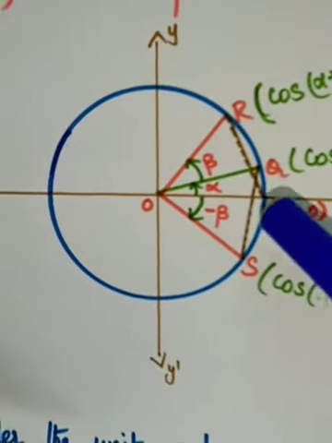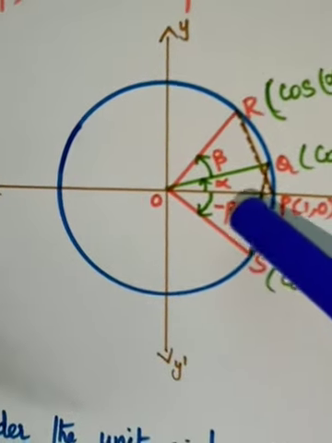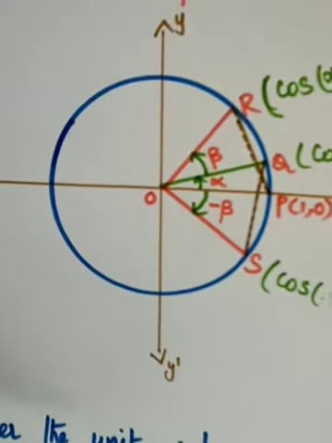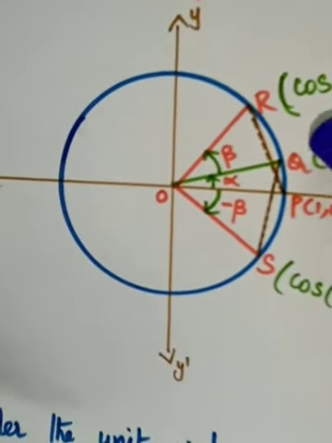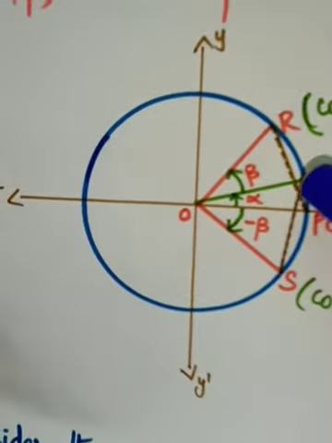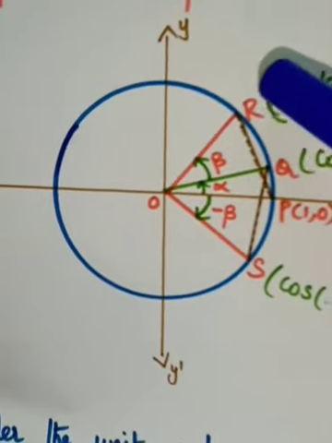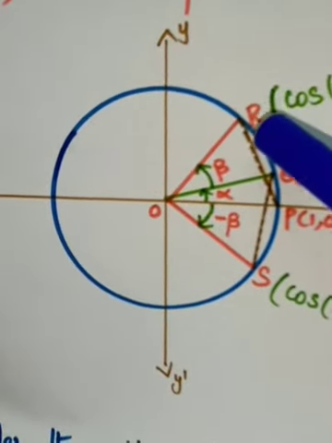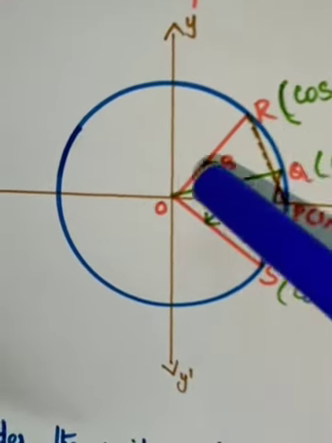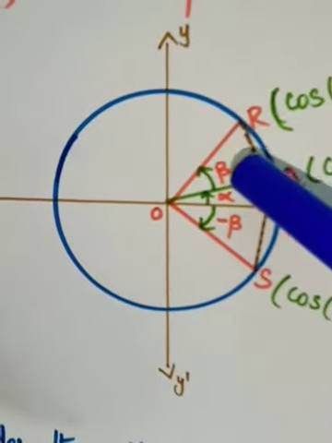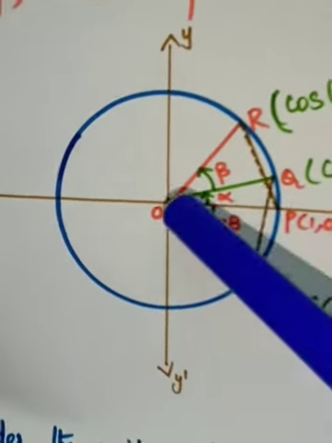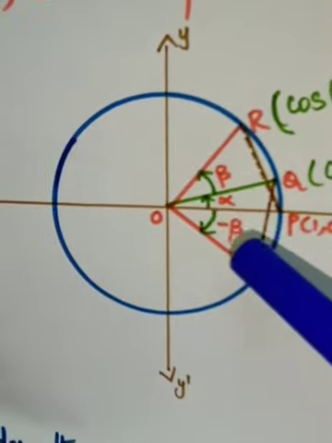In the same way, POS is minus beta. So we consider the point Q whose angle POQ is equal to alpha, and R, where QOR is equal to beta. In the same way, POS is equal to minus beta.